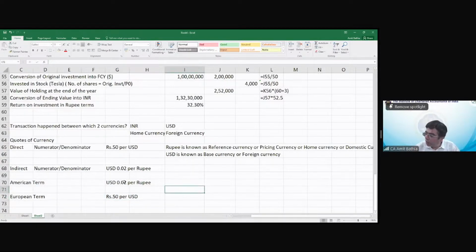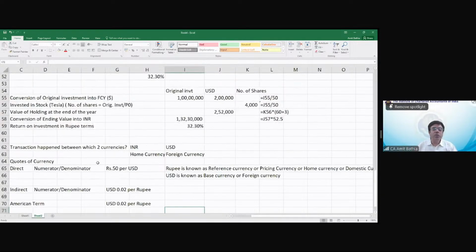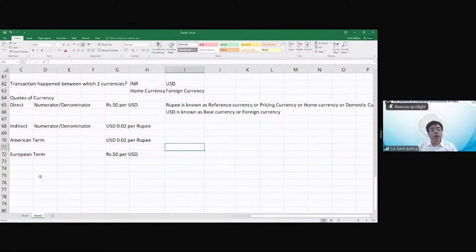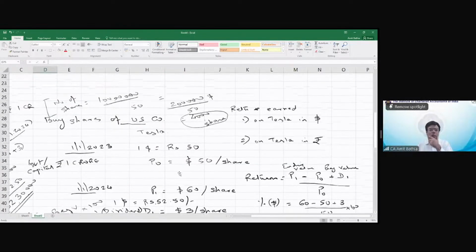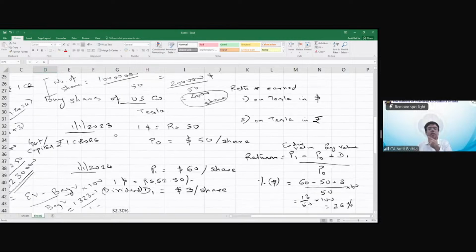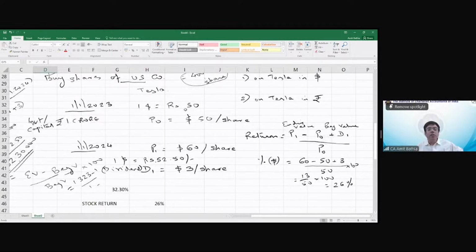You have direct quote, indirect quote, American term and European term. Now, when we are talking about foreign exchange, are we also concerned about the concept of when to convert this money? Say, for example, in this example when we took, as on 1/1/2023, $1 is rupees 50.